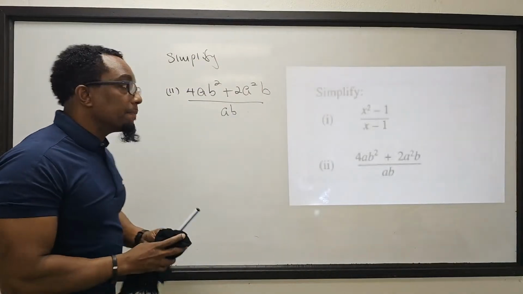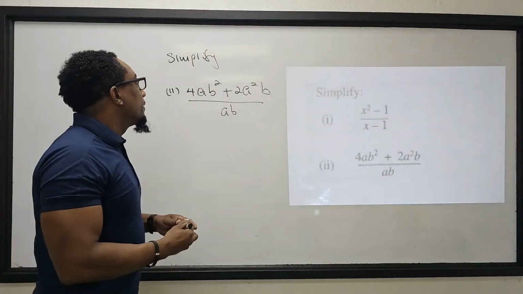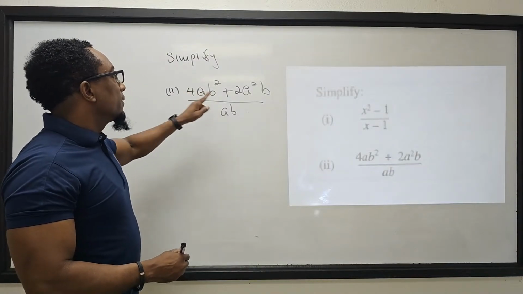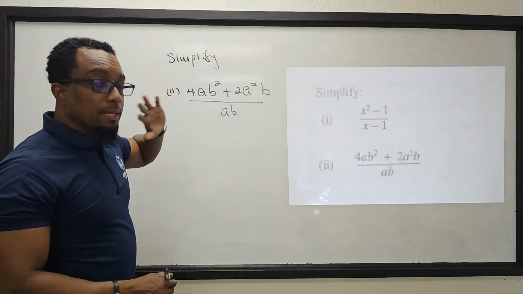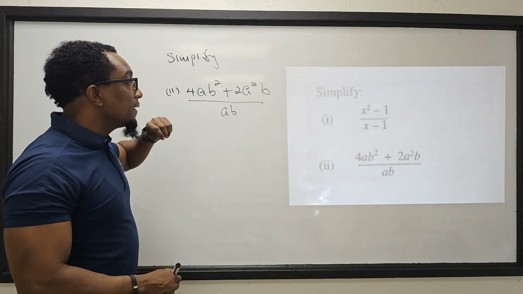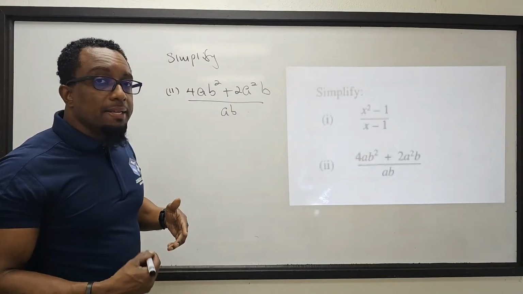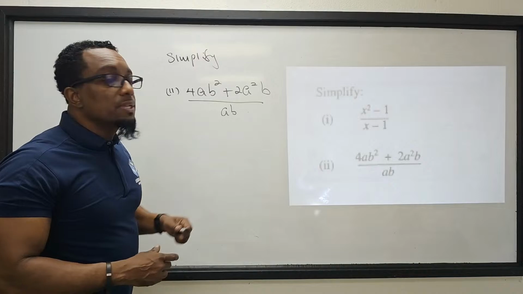Now the mistake made by students, they will cancel this a with that a, cancel that b with that b, and so on. So we're not doing that. To simplify this, what we're going to do is to carry out our method of factorization to help us to simplify. So we're going to factorize the numerator.